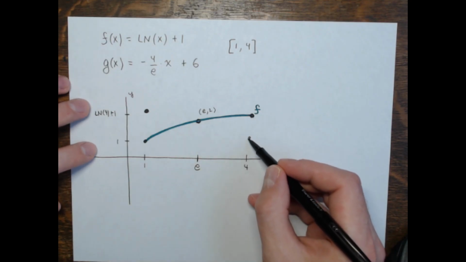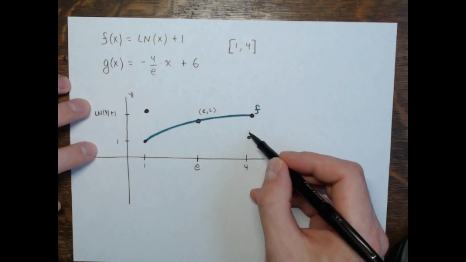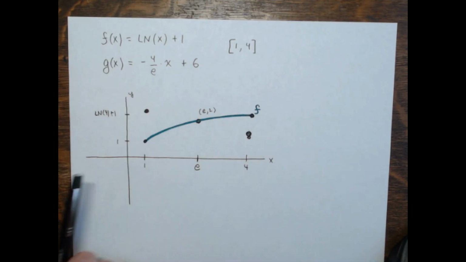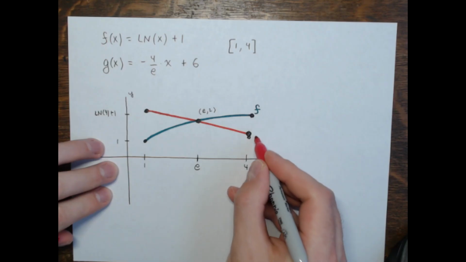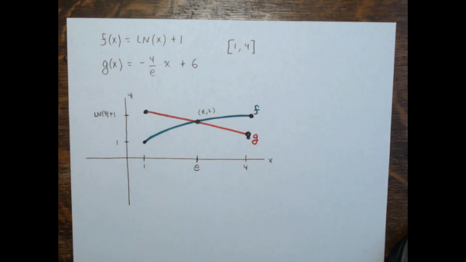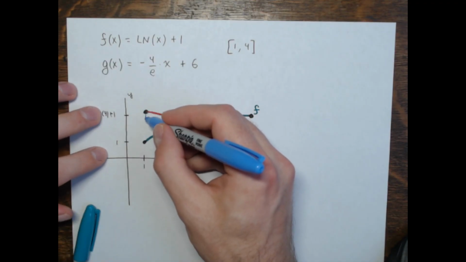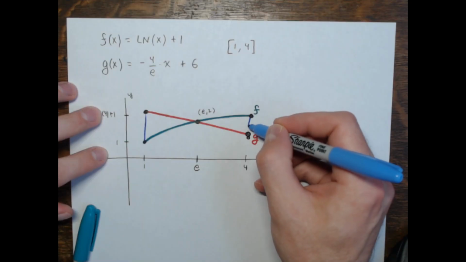And then again, this is a line with a negative slope. So it's going to cross at this point (e, 2), and there's g. So the region they're talking about, they want the area between the curves from x equals 1 to x equals 4.